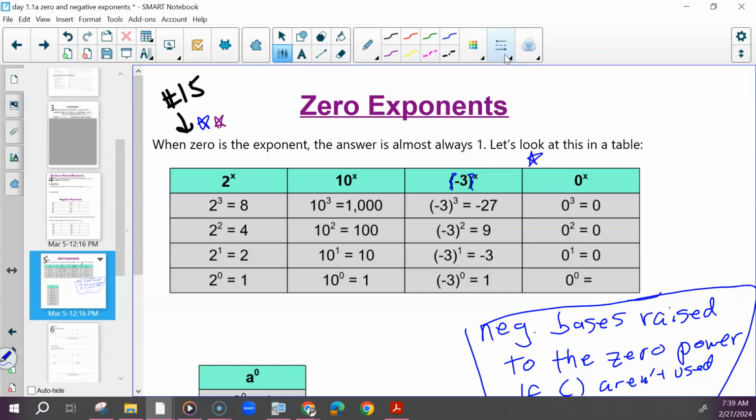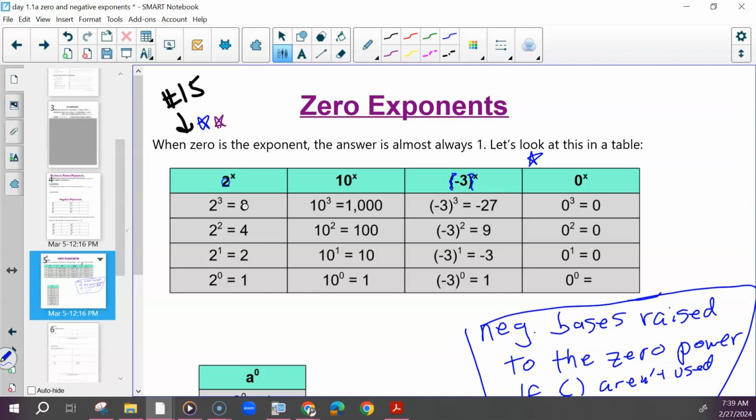Alright, so if we had some base with some exponent, and I put in different numbers, we know that anything to the first power is itself. 2 squared is 4, 2 to the third, we did negative 2 to the third power yesterday and got negative 8, so this would be the positive version of that.